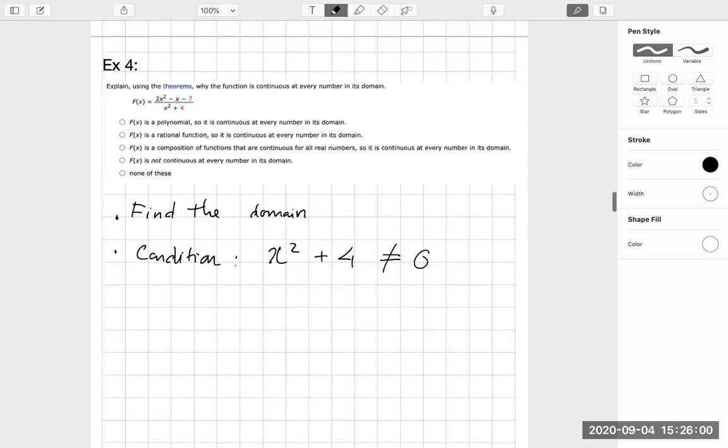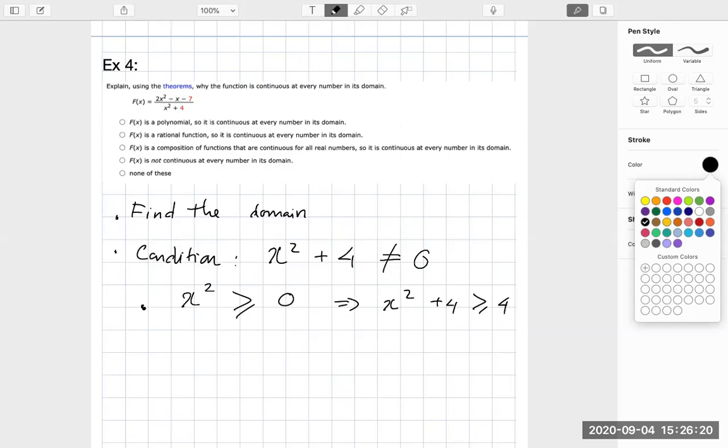But we see that x squared is always positive. Therefore, x squared plus 4 will always be larger than 4. Therefore, the denominator is always different from 0.